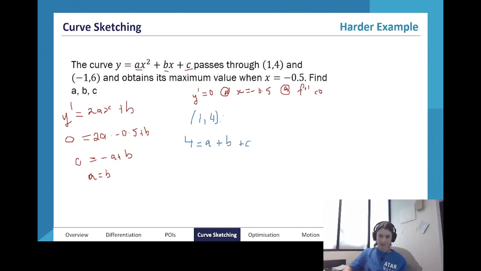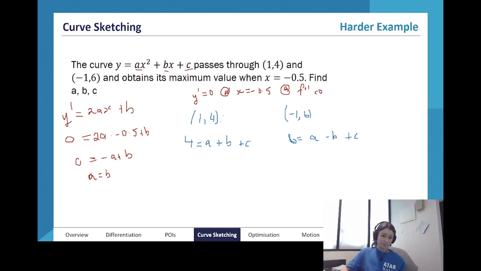And then subbing in (-1, 6), we are going to get 6 equals a times negative 1 squared, which is just a, take b, we have b times negative 1 plus c. So this is really useful. We now have 3 equations and 3 unknowns, which means we can use simultaneous equations to find a, b, and c.